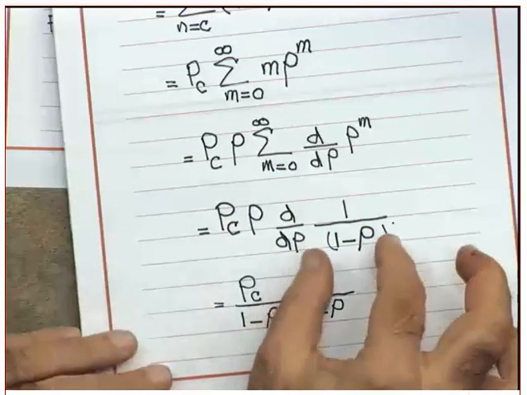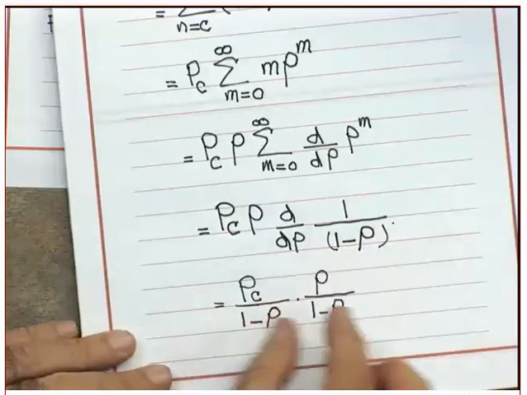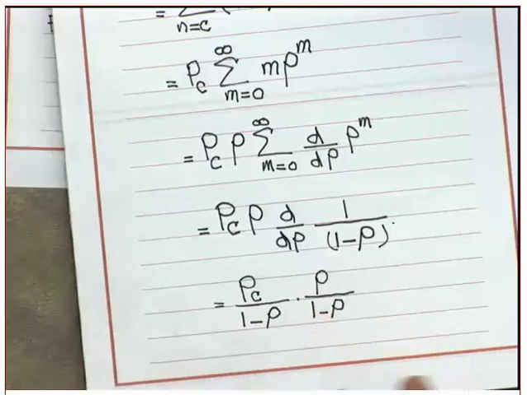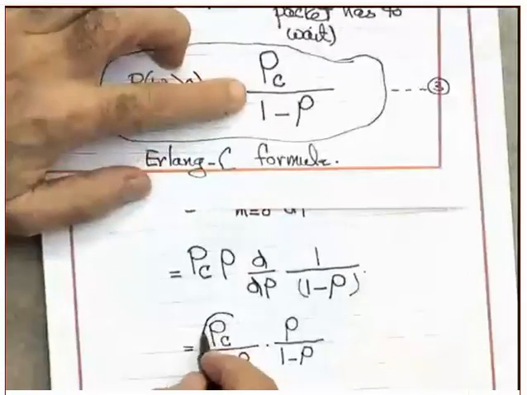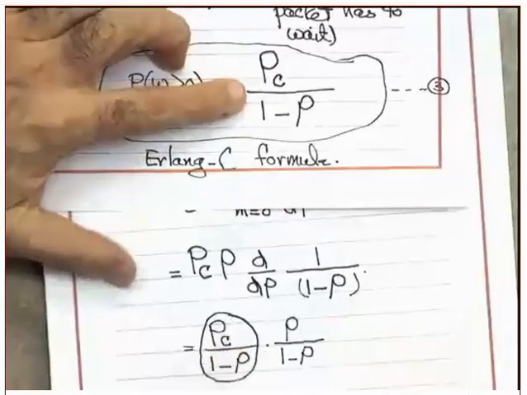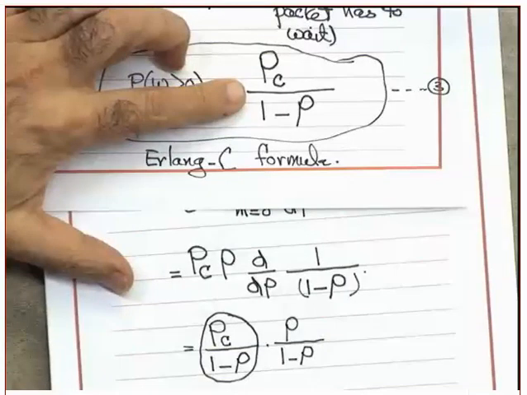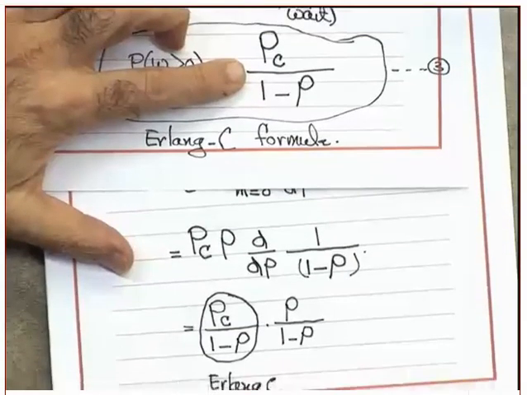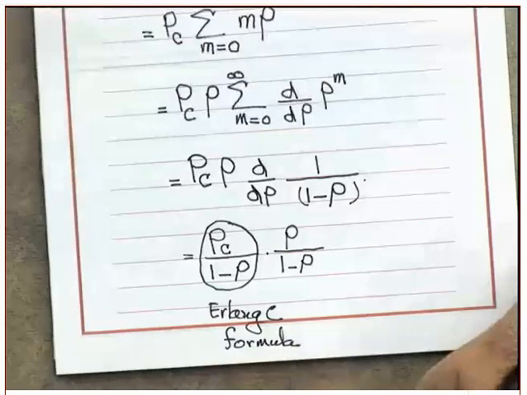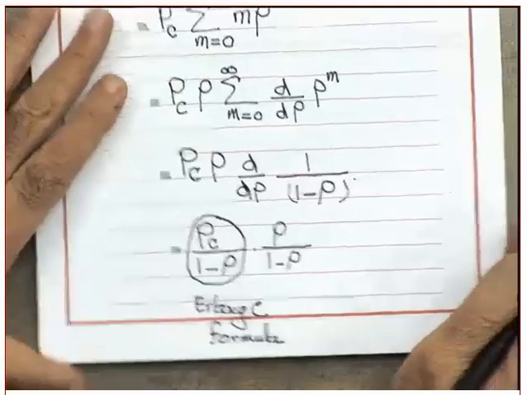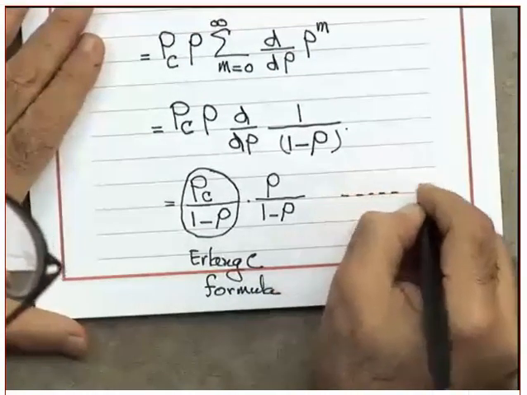And then I split the 1 minus rho square, one of them with this, the other one with this, just for one purpose. The purpose is that you can see that this one is actually the Erlang C formula. Clear? Okay, this is equation 5.